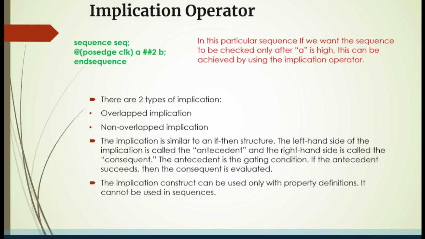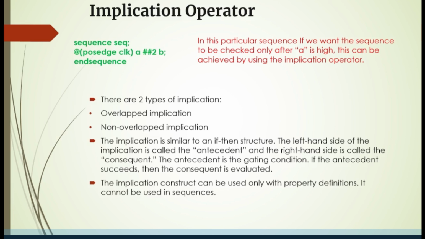We talked more about sequences, but we didn't see more about properties in System Verilog assertions. So in today's video we are going to talk about properties within concurrent assertions, because as you already know, we combine a group of sequences into a property so that we can easily assert the single property instead of asserting all the sequences individually.